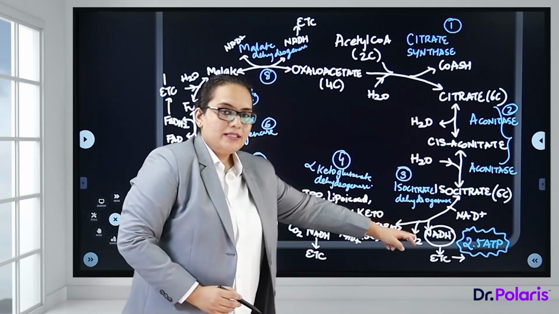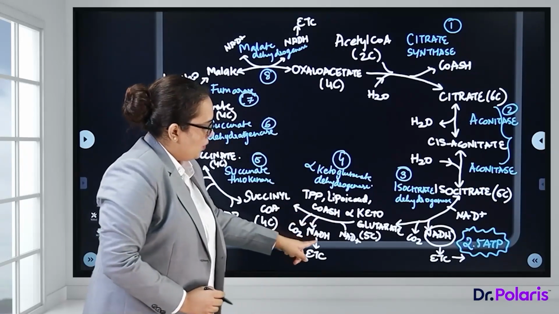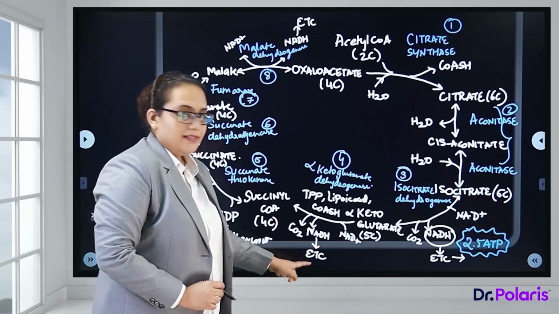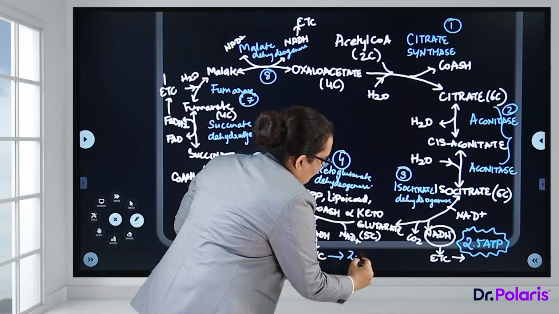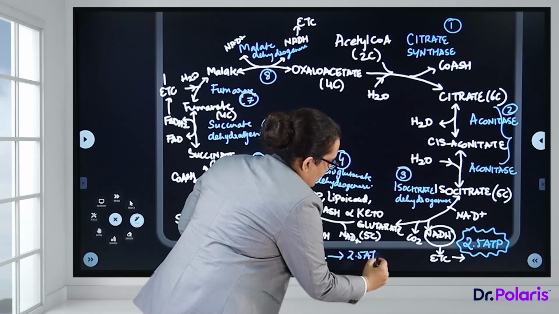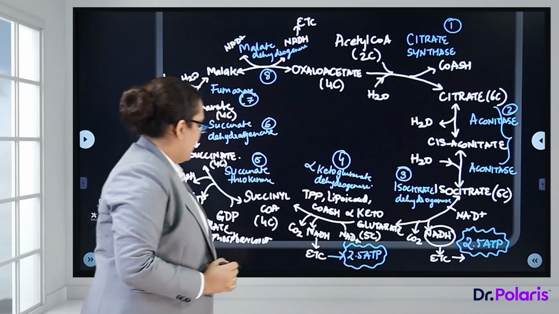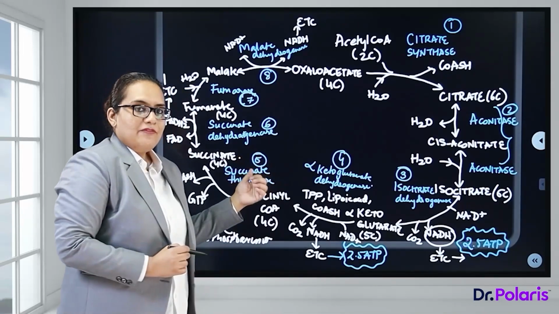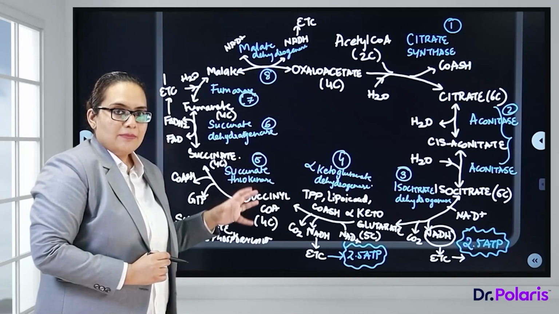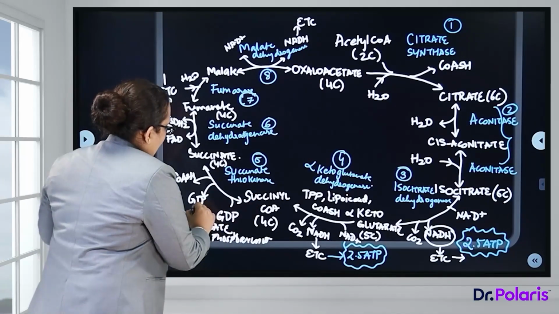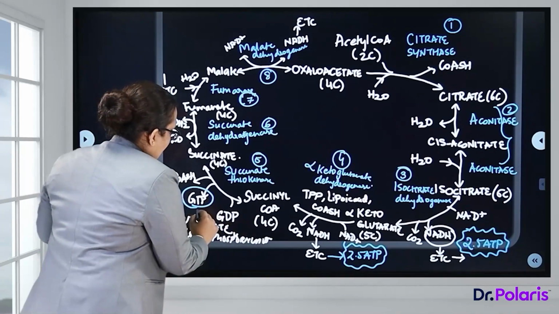Okay, this is one point. The next point is over here at step number 4, where again you have NADH produced, which enters into the ETC, and this produces again 2.5 ATP. Okay. Now in the next step, which is the 5th step, you have energy which is directly produced at substrate level phosphorylation. So we can assume that 1 GTP is nothing but 1 ATP.